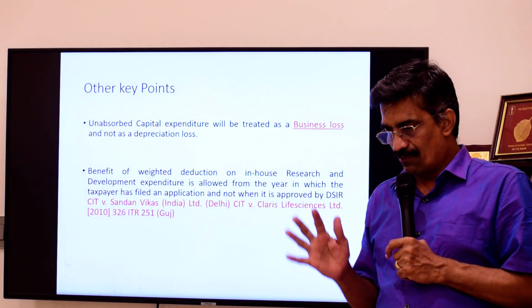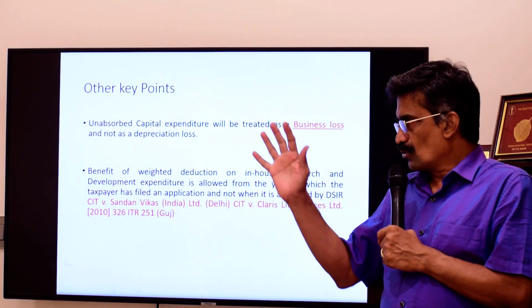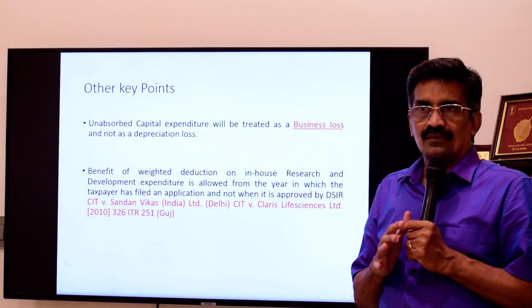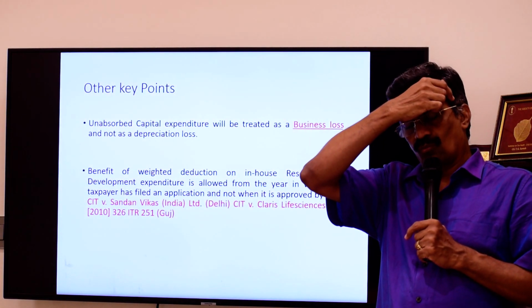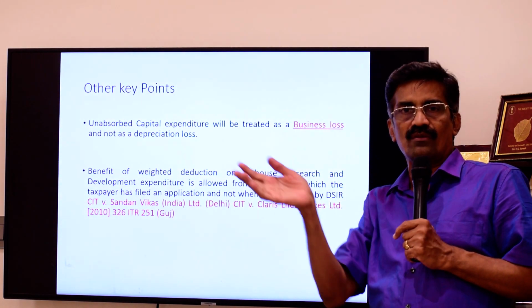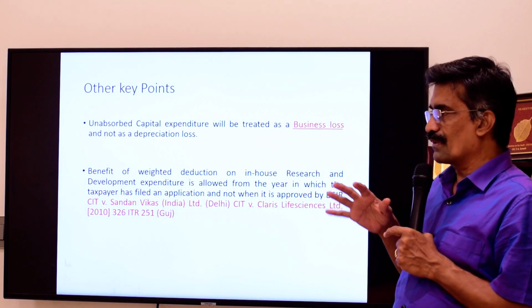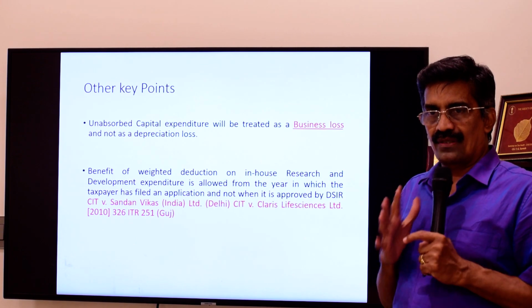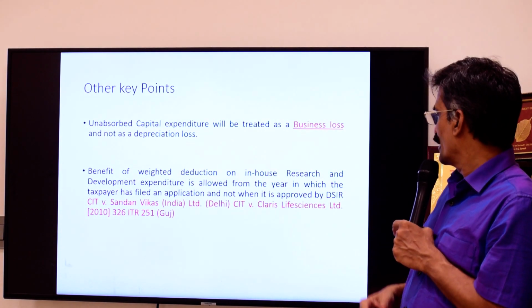One easy way of remembering this: there is no distinction between revenue and capital in 35(2AB). Whereas 35(1)(i) deals with revenue and 35(1)(iv) deals with capital, two different clauses. In the case of 2AB, you don't find any distinction being drawn between revenue and capital. That's a very important point to appreciate.